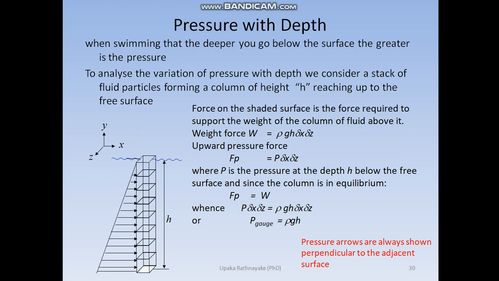Now if we consider the density of a fluid is constant, which is incompressible, P is equal to rho g h has a variation of y is equal to mx. We call this pressure to be the gauge pressure.